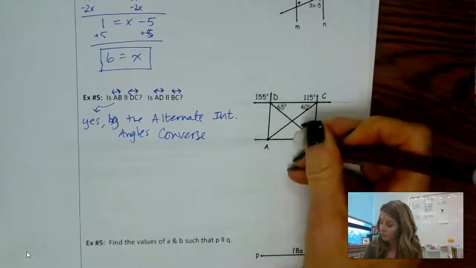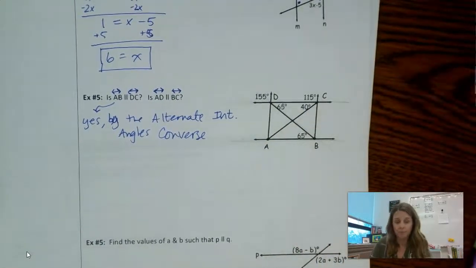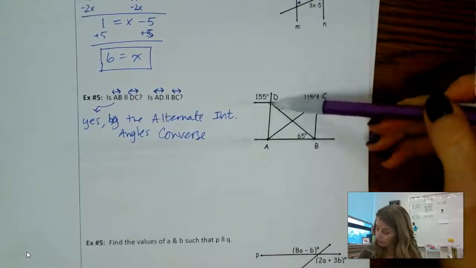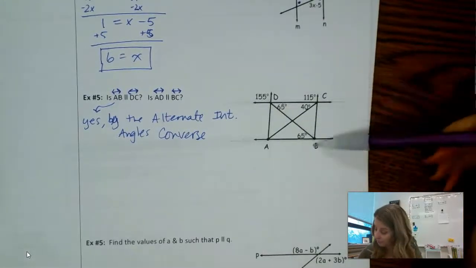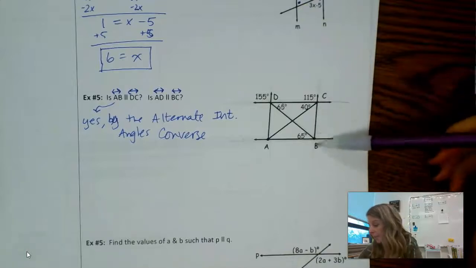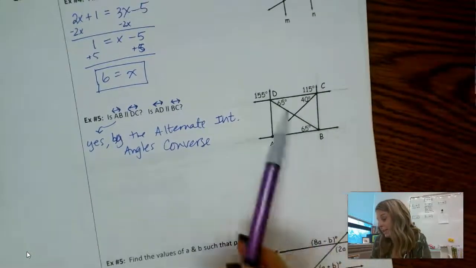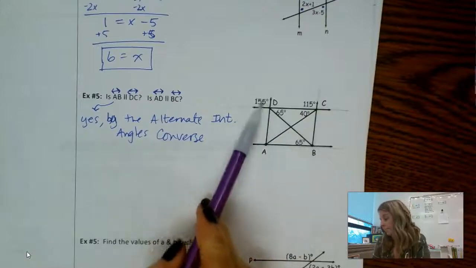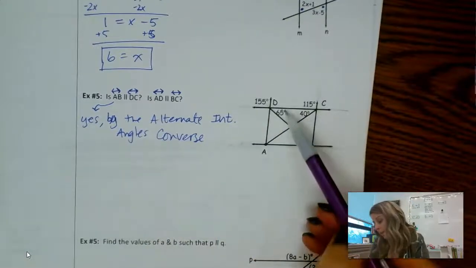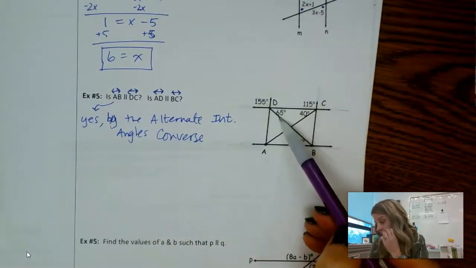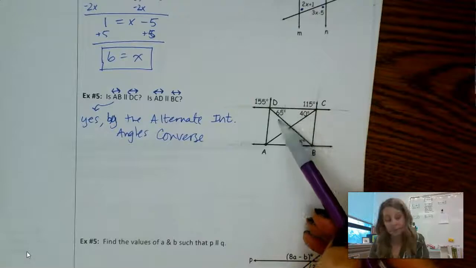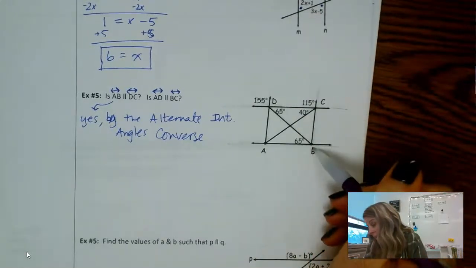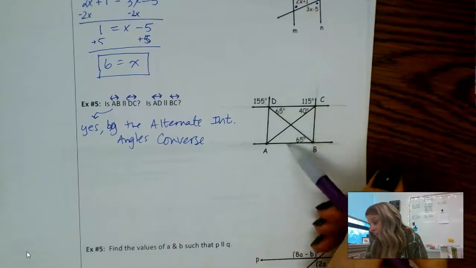Okay, so we have those two parallel. Now we're looking at AD, which is these two lines here, AD and BC. So let's see what we got here. I see a transversal right here. I've got 65 here, and it looks like I have 65 here.